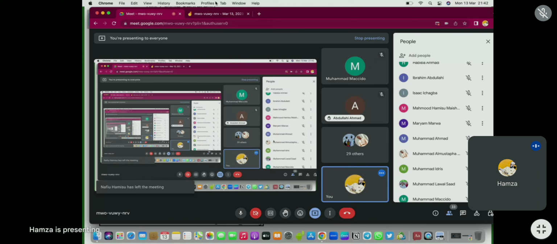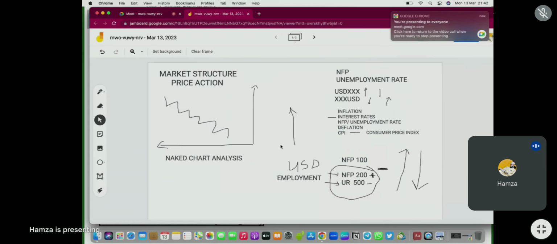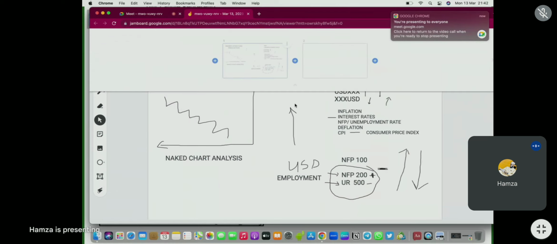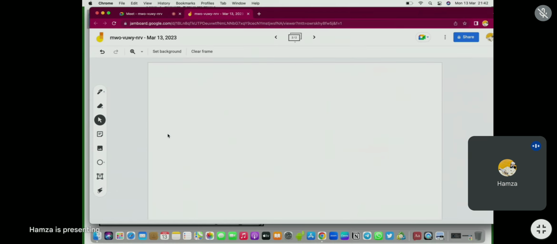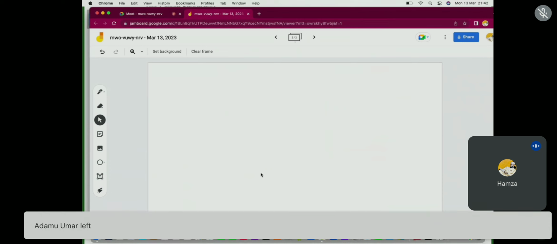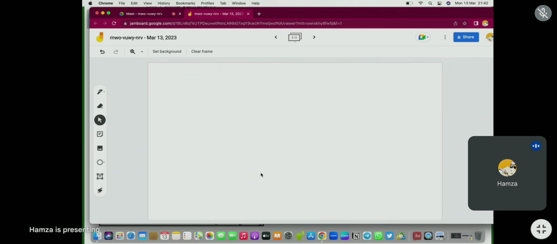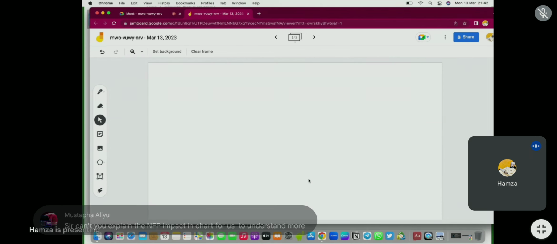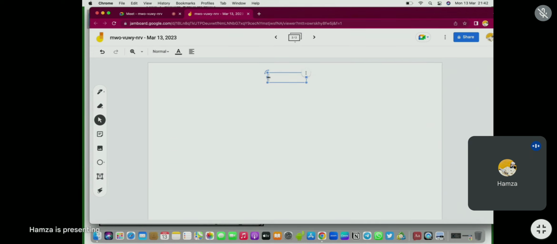The topic for today is market structure, price action. We have once spoken about market structure, but today it's going to be in a more advanced fashion. Perhaps the next time we speak about it again, it will get even more advanced.